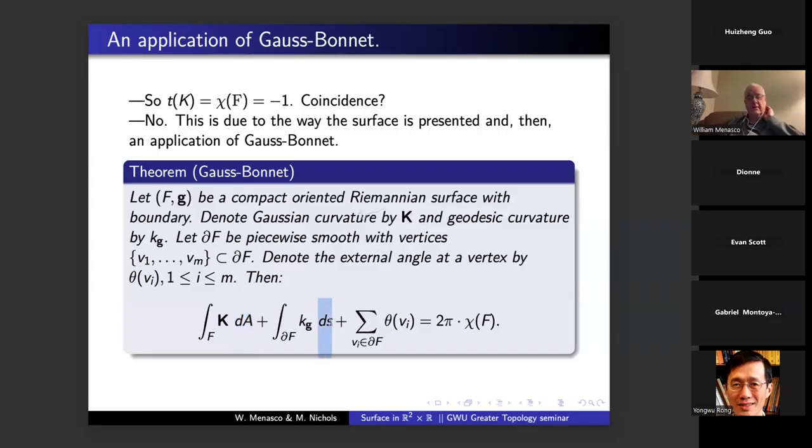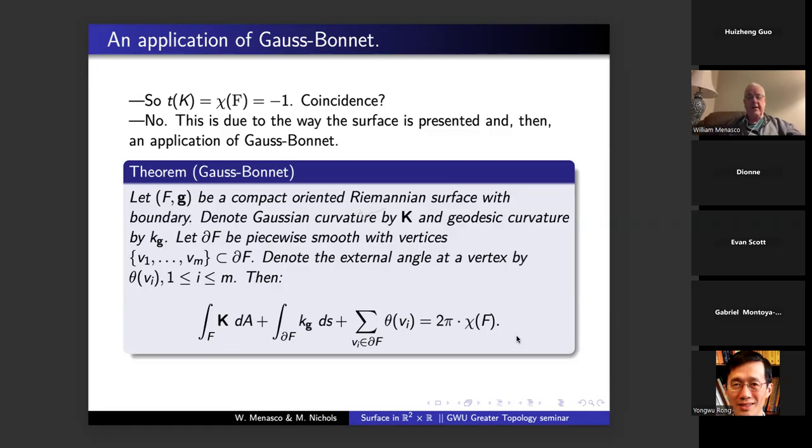This is the distance form right here, and this is a line integral, and you're calculating that, and then you add up all those exterior vertices. On the left you got all this geometry, on the right you got topology. All right, kind of the first theorem where you can say you're working in geometric topology. Geometry on the left, topology on the right. 2 pi times the Euler characteristic.